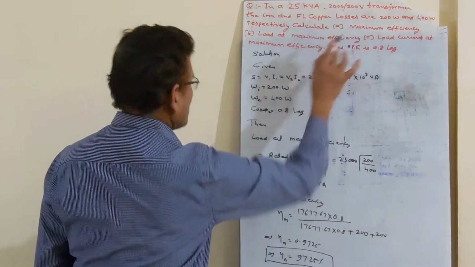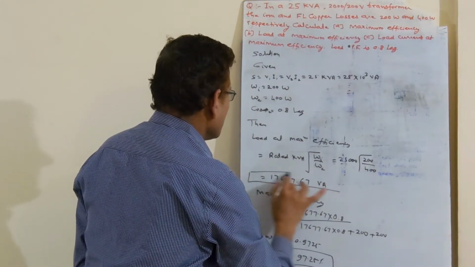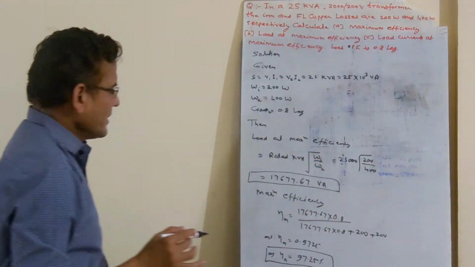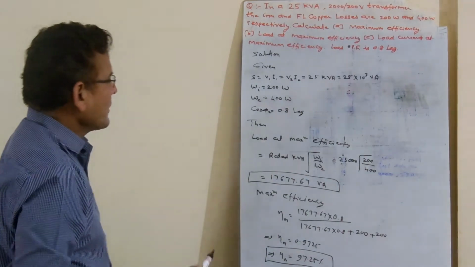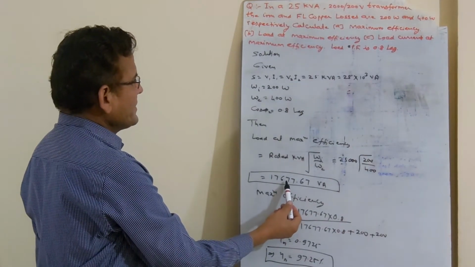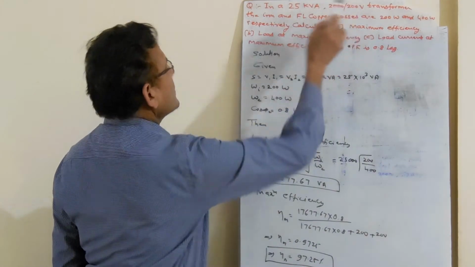And the load corresponding to maximum efficiency is this, in kVA. Now, load current at maximum efficiency. Load at maximum efficiency is this, and secondary side voltage is 200 volt.